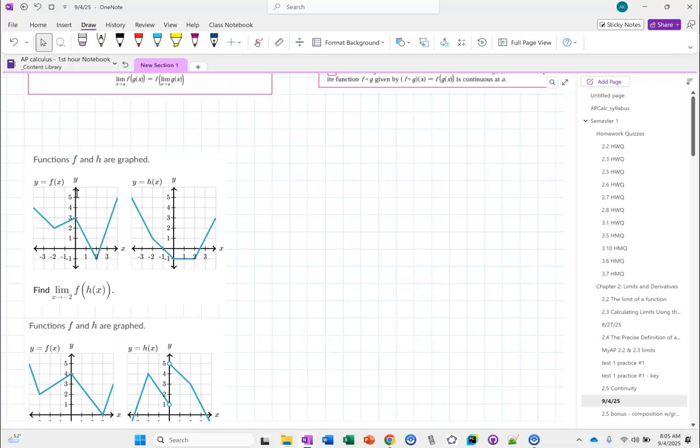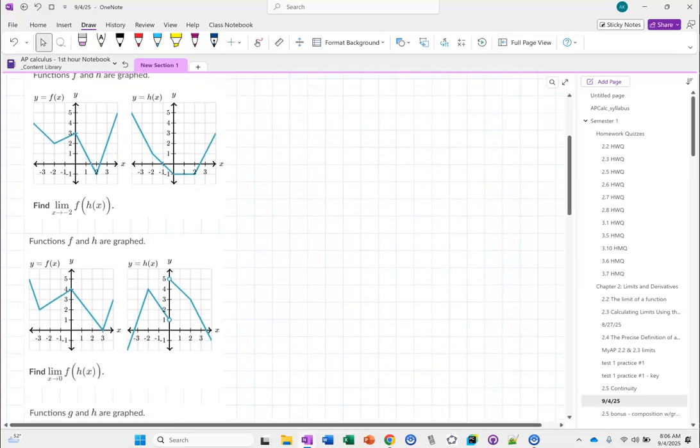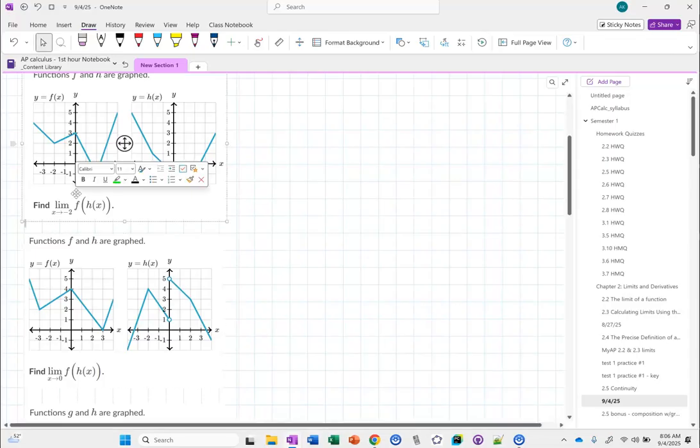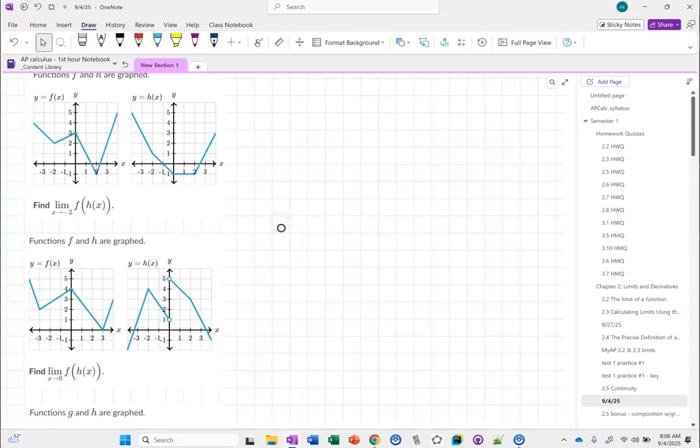So if I look at the limit as x approaches -2 of f of h of x, we're hoping that we can say, well, that's just going to be f of the limit as x goes to -2 of h of x.